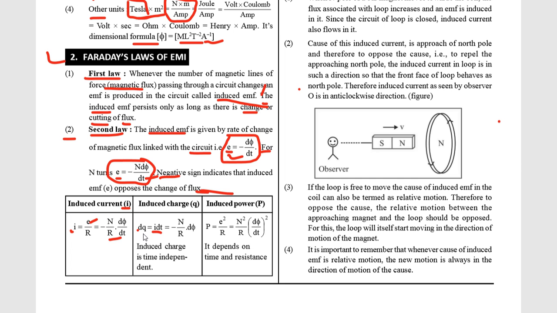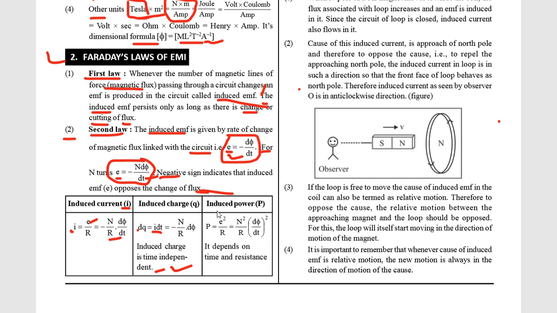So dq is equal to minus n by R into d phi. This shows that induced charge is time independent. This is very important: induced charge is independent of time.